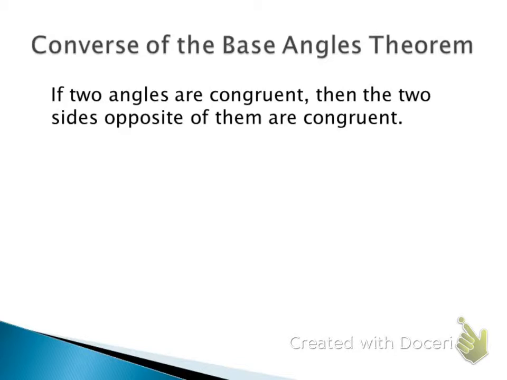All right, now we're going to look at the converse of this theorem we were just talking about. Remember, converse, you just flip the if and the then. So now we're saying if you know that the angles are congruent, then you can say that the sides opposite them are also congruent. So we're just working backwards.